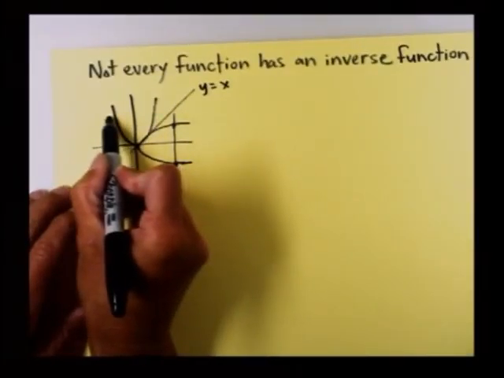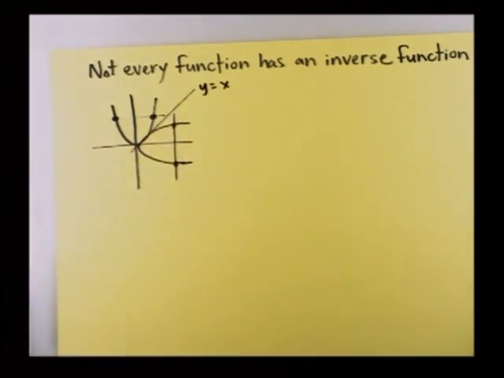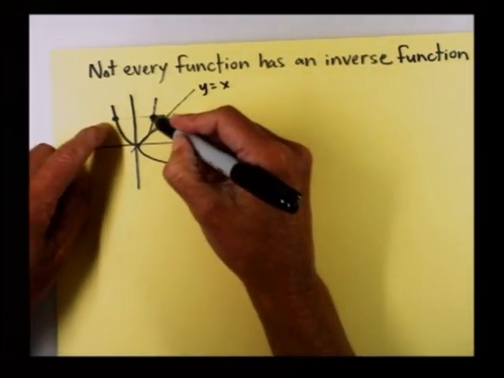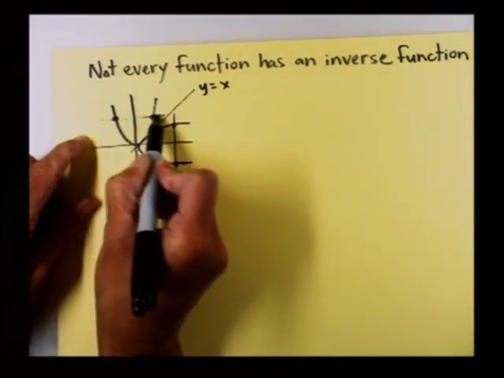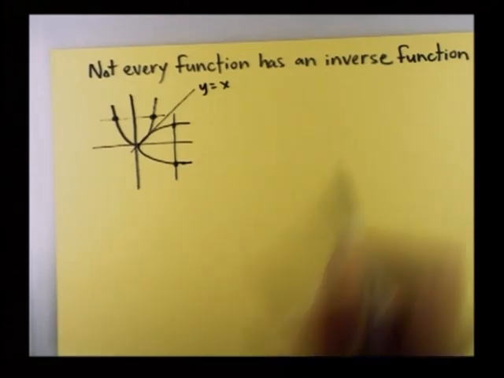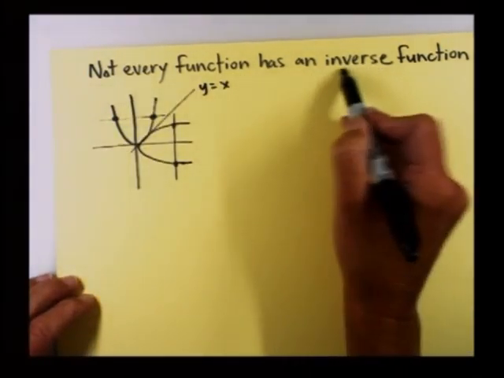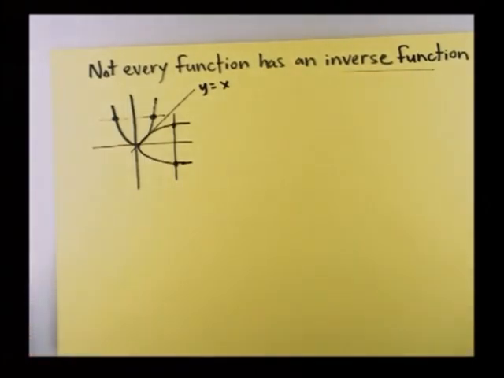We can do a horizontal line test and see that we have two values on the horizontal line, not just one. That means that we don't have an inverse function. Similar to the vertical line test, this is the horizontal line test, and it's to determine whether there is an inverse function.